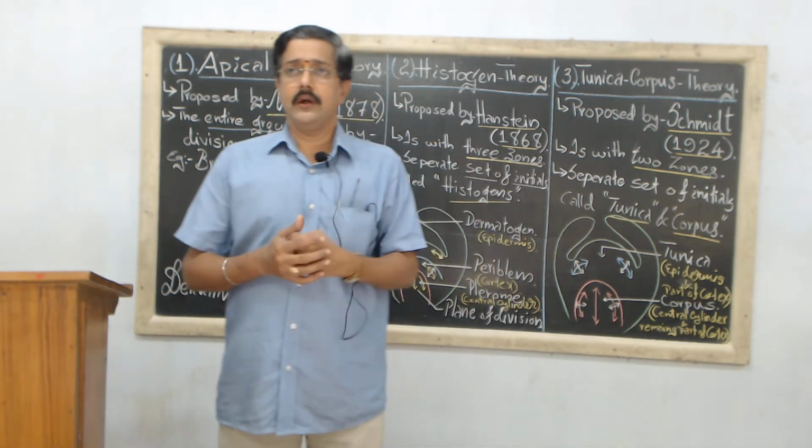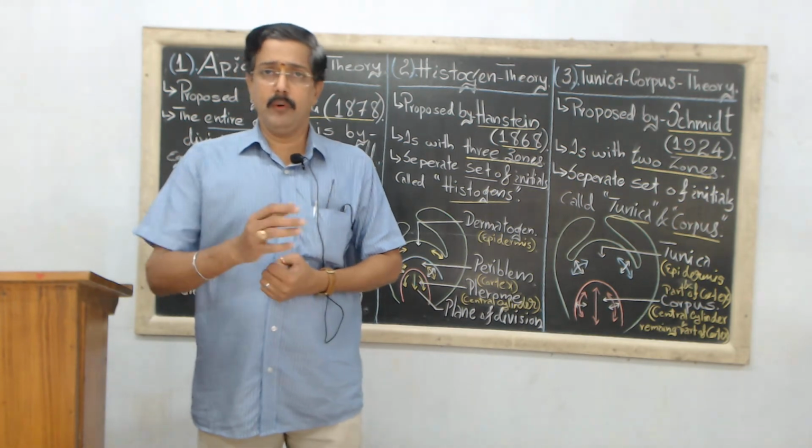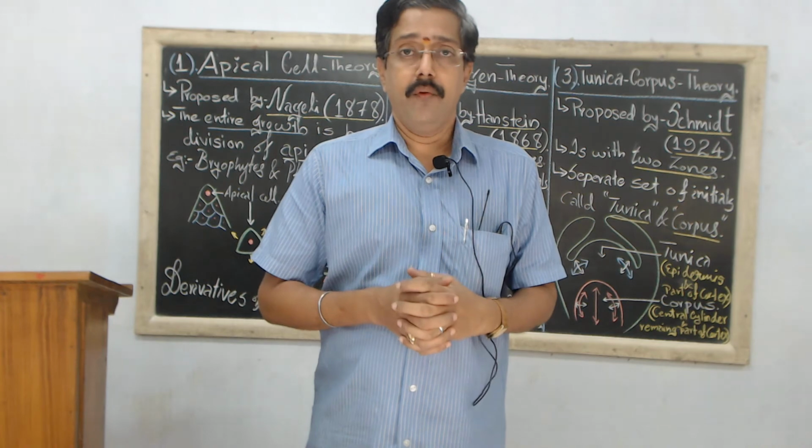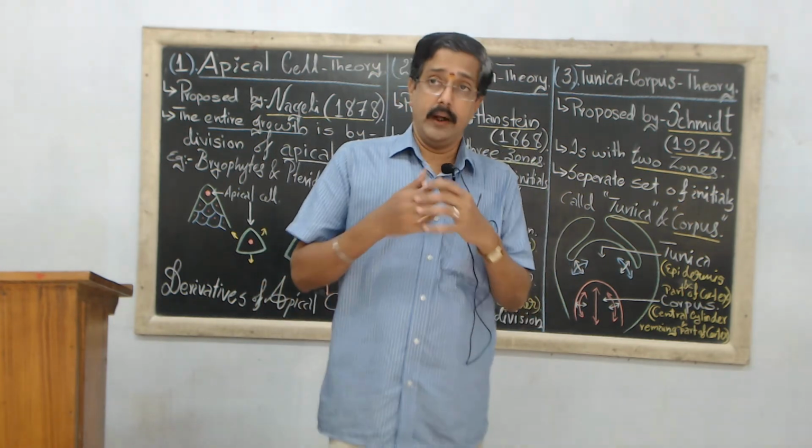So, these are the three theories proposed to explain the organization of shoot apex in plants.